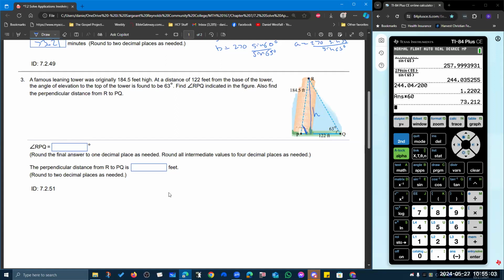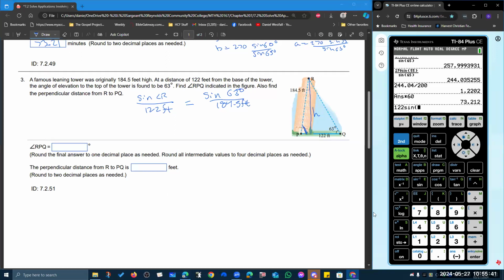So let's go ahead and find angle R here first to help us find angle P. So let's use the law of sines that sine of angle R over 122 feet is the same as sine of 63 degrees over 184.5 feet.